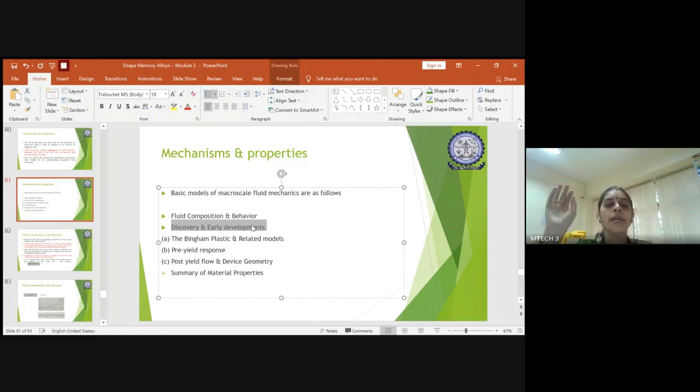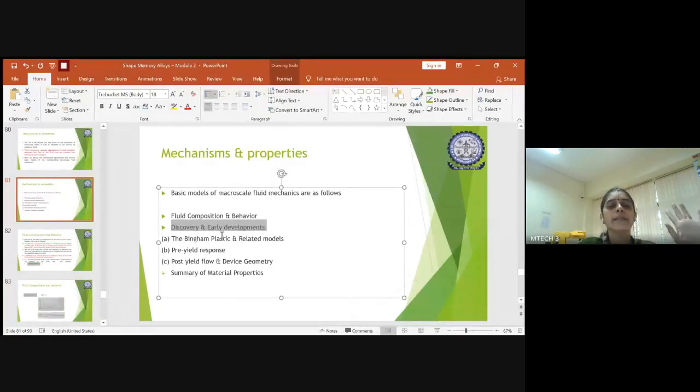MR fluid has been there for many long years. In comparison to that, the ER fluids are a little bit newer. But still many people try to learn and discover many things related to smart fluids. So you should understand what the discoveries and the early developments were related to our ER and MR fluids.